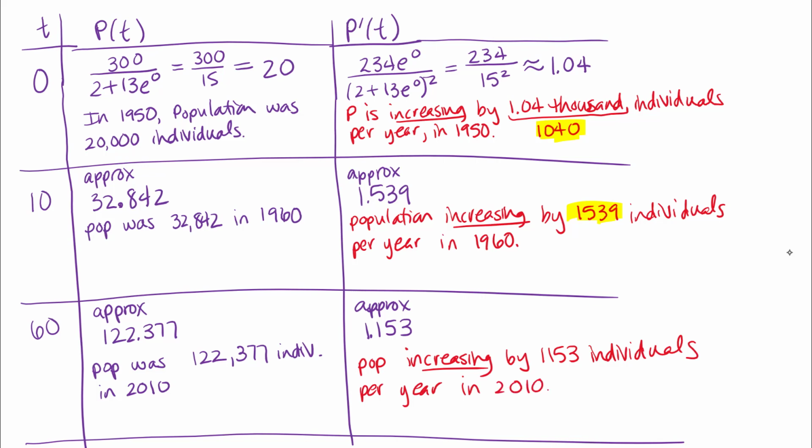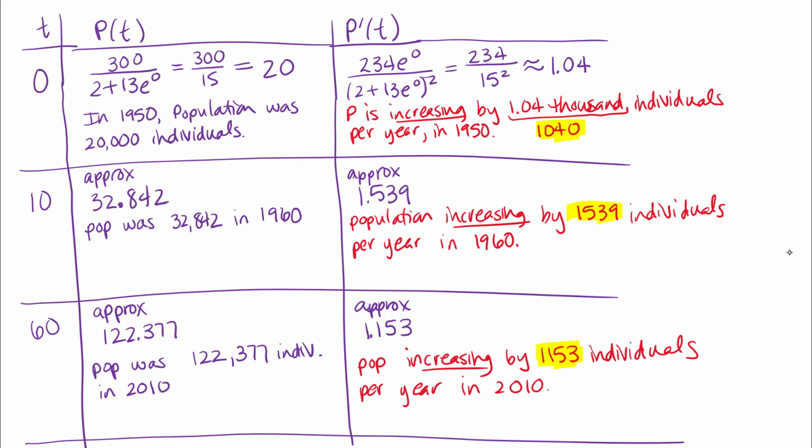So rate of change. And one thing that would be important to notice is that that rate of change has slowed a little bit. So it was increasing pretty rapidly in the year 1960, and the rate of increase has slowed a little bit in the year 2010.